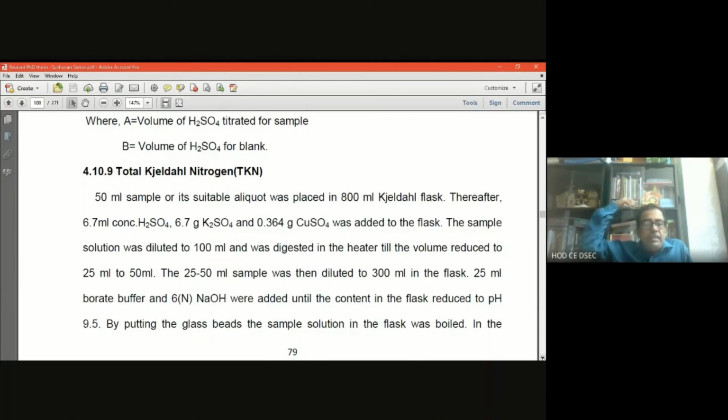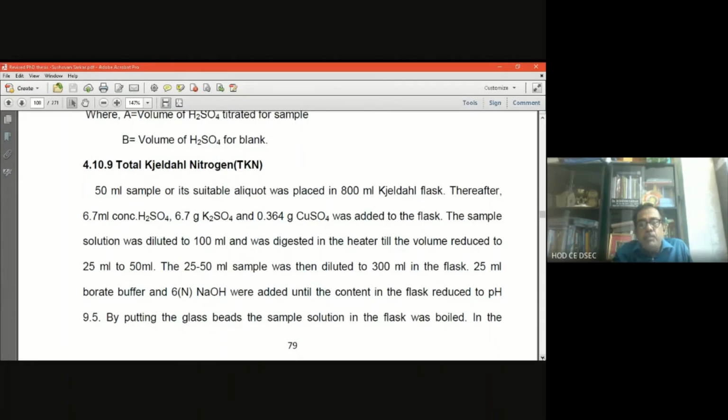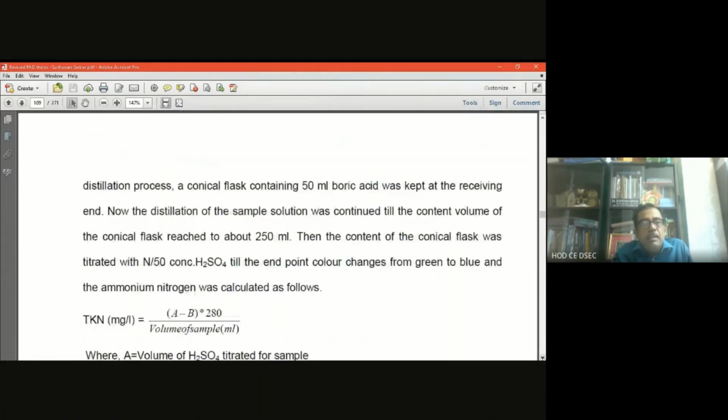Then 25 milliliter borate buffer is added with 6 normal sodium hydroxide, and it is boiled with glass beads, and in the distillation process, a conical flask containing 50 milliliter boric acid is kept at the receiving end, likewise before. The distillation process will be continued till the volume of the conical flask reaches 50 ml.